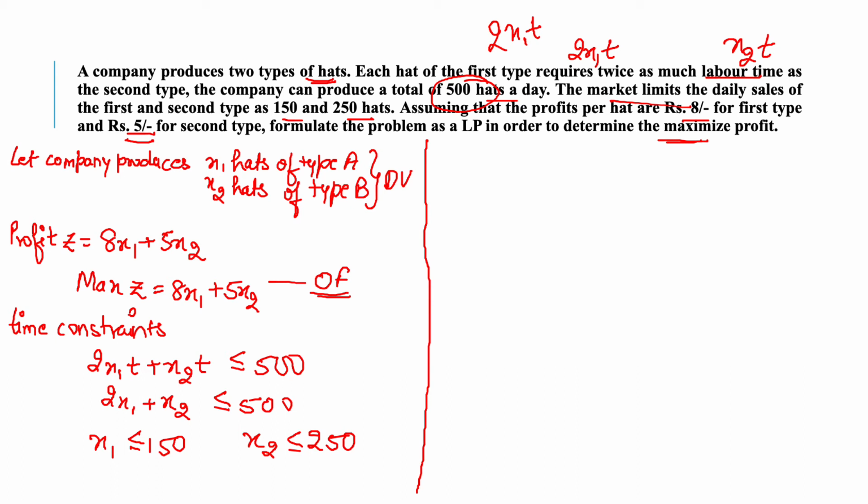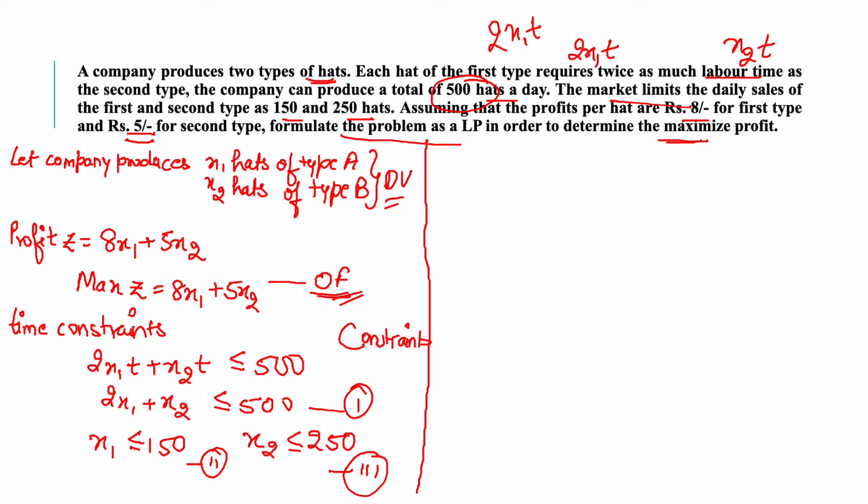So with the help of these three things, this is my first constraint equation, second constraint equation, and this is my third constraint equation. So based on these constraints, objective function and decision variable, we are going to formulate the problem as LPP.